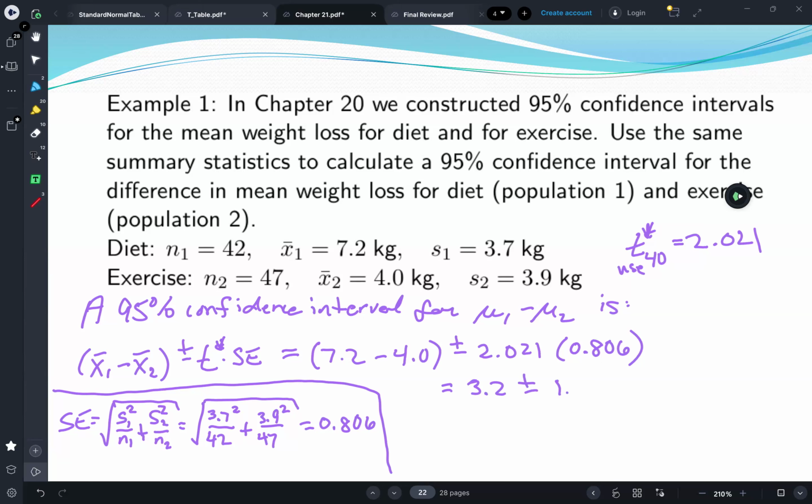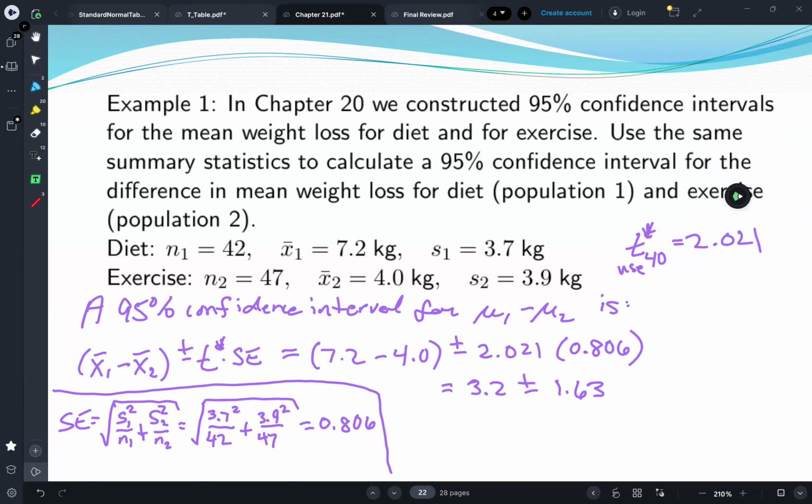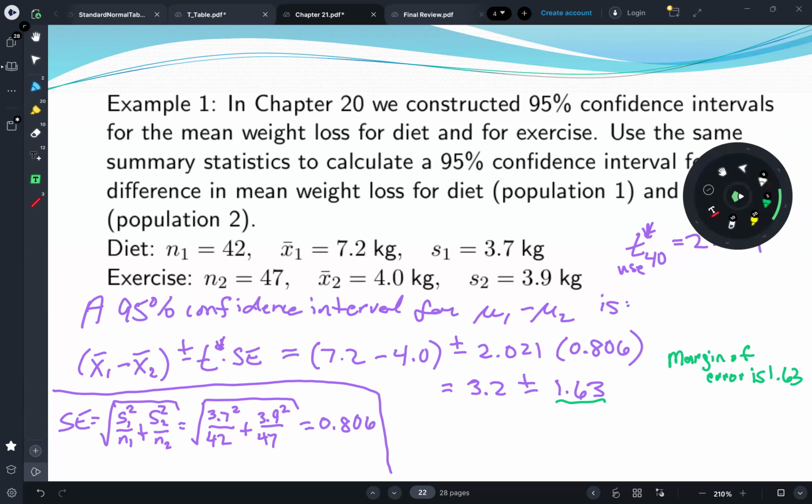I get a margin of error of 1.63. So this is the margin of error. Let's grab green and make sure we know that the margin of error is 1.63.